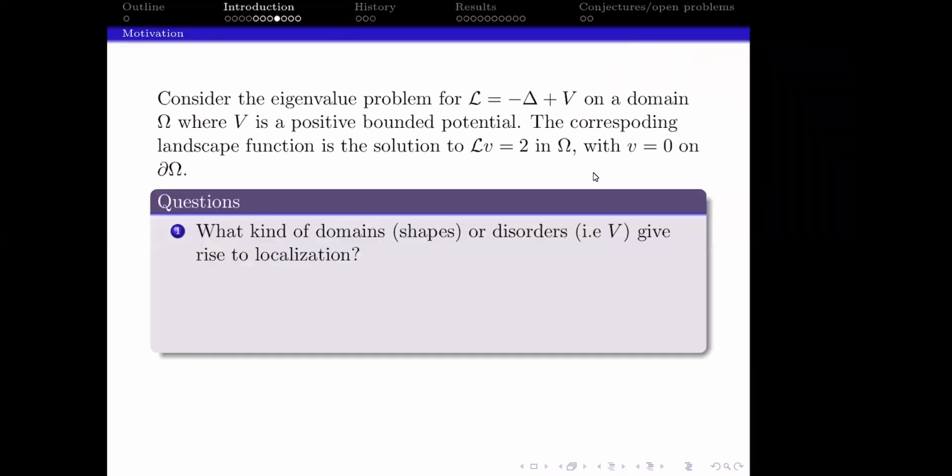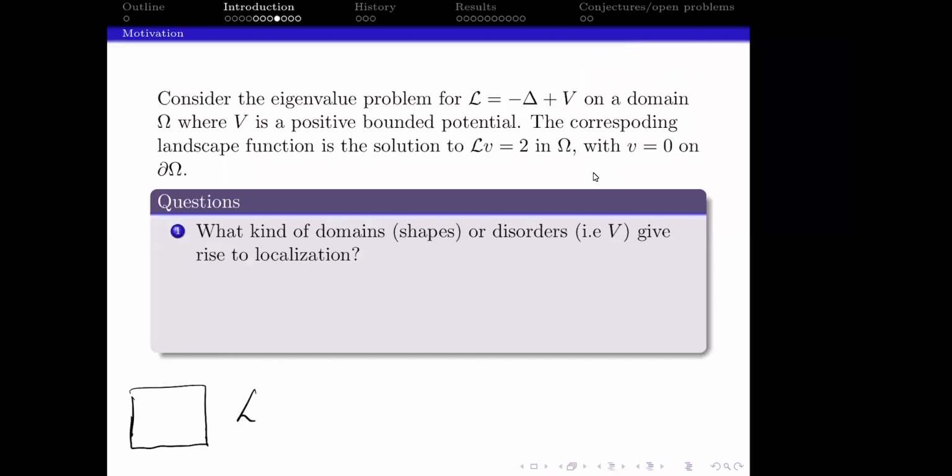So we look at a more general perturbation of the Laplacian like this, and we ask for the same thing. You can look at the eigenfunctions of this, and we ask for what kind of domains, that is, what kind of shapes. We said a square will not exhibit localization, but what kind of domain or what kind of V? Perhaps you can start with a square and make your V very complicated.